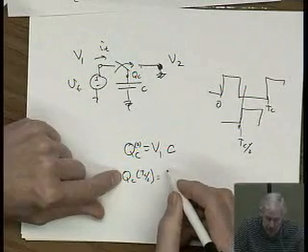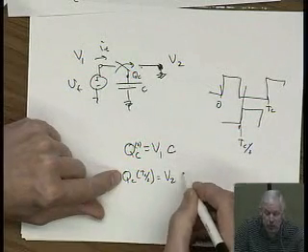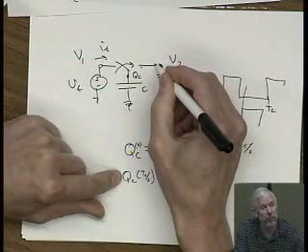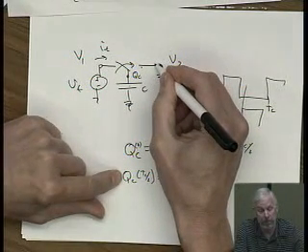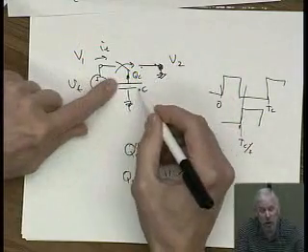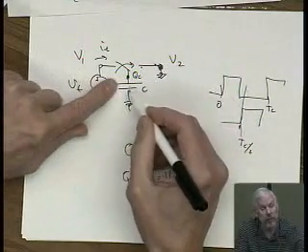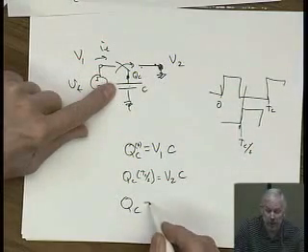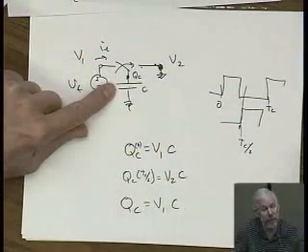This thing becomes equal to V2 times C, right? Because it discharges into this capacitor. So there's been a change of charge on this capacitor. When I come back again, I'm back up to V1 times C again.